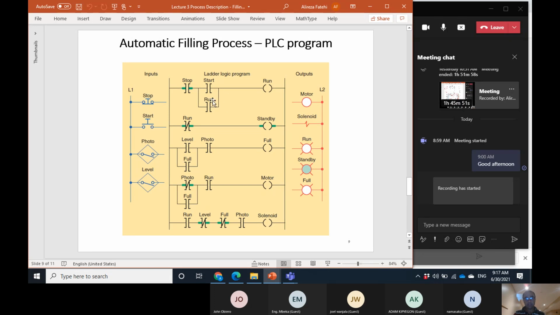Here is a simple start-stop with latching, or self-contact, sealing contact, that just keeps the command for run, because the operator just once pushes the start momentarily to start the whole process. After that, everything is automatic.